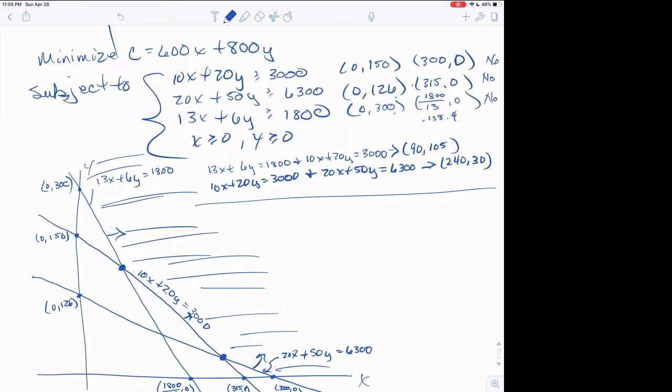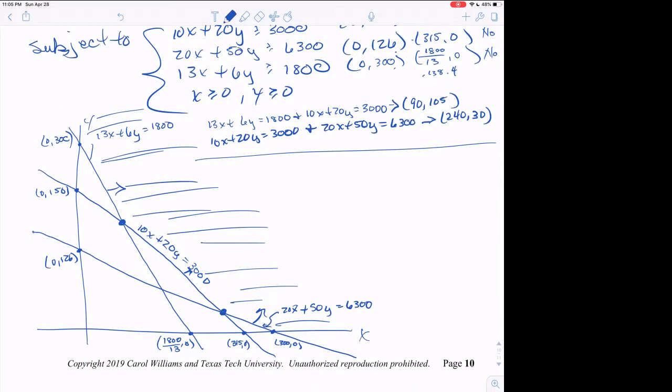I'll do it in the written up notes, but I'm going to leave it for you to do. Those are the values that you find. I'm just not going to spend time in the video doing it. This video is not about solving for the points. This video is about testing for the corner points.